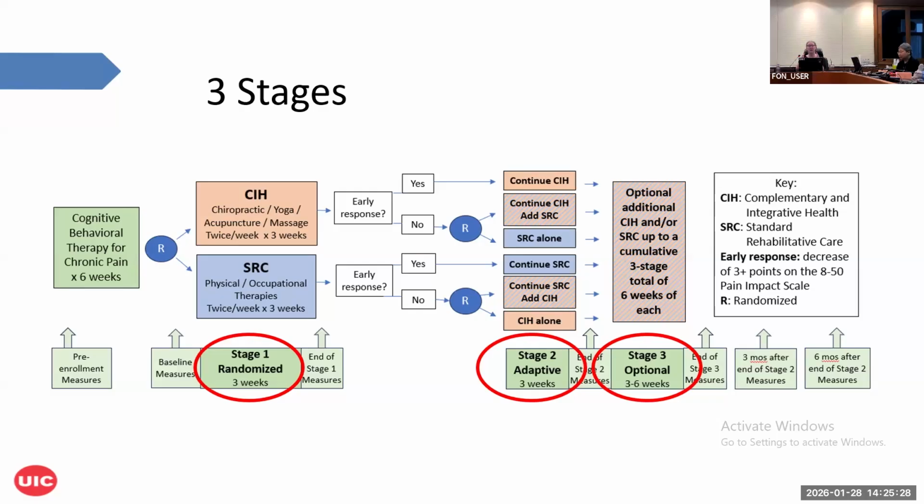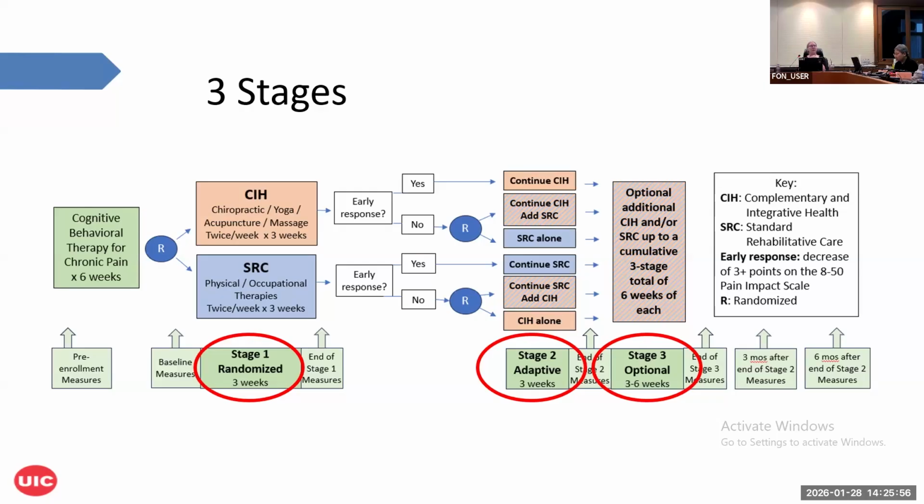Stage 2 is the adaptive stage. This is where we've assessed them. We said, how are you doing? And they're saying, yeah, still having pain. And so we adapt and re-randomize them.